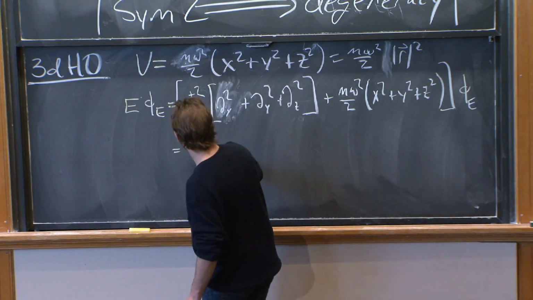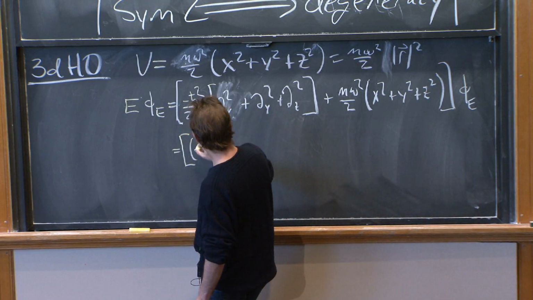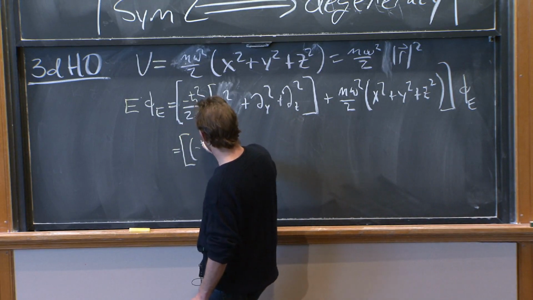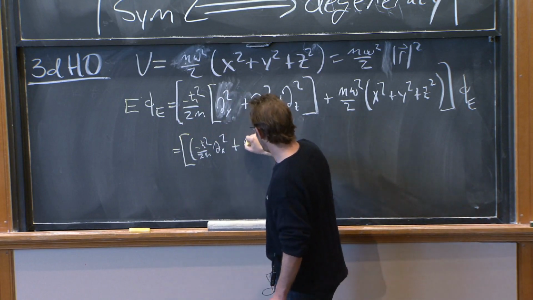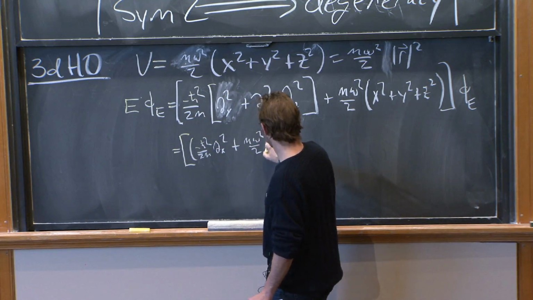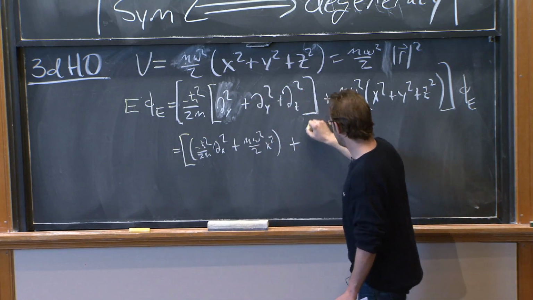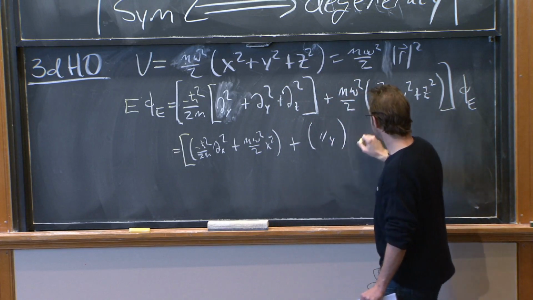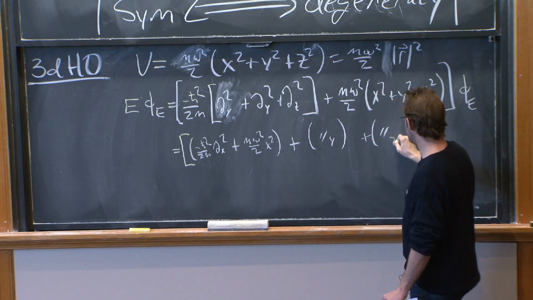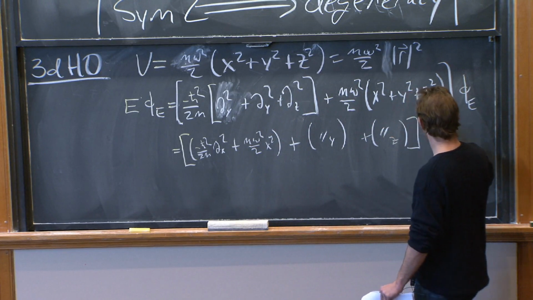But I can put this together in a nice way. This is minus h bar squared upon 2m d_x squared plus m omega squared upon 2 x squared, plus ditto for y, plus ditto for z, acting on phi_E.